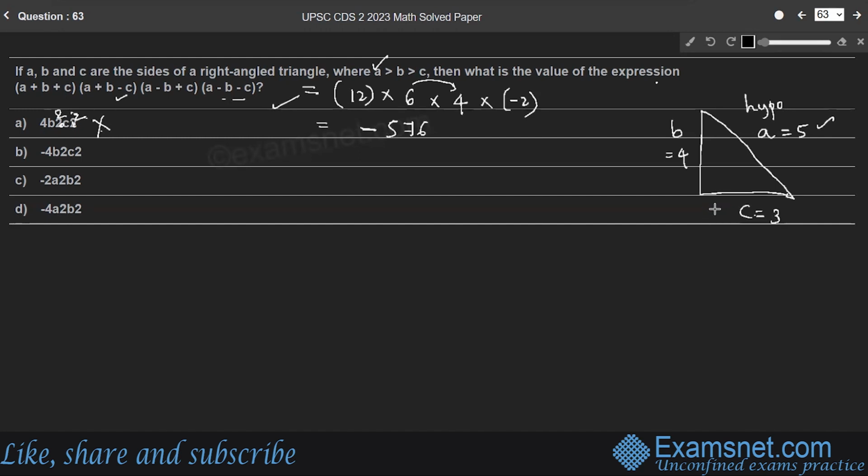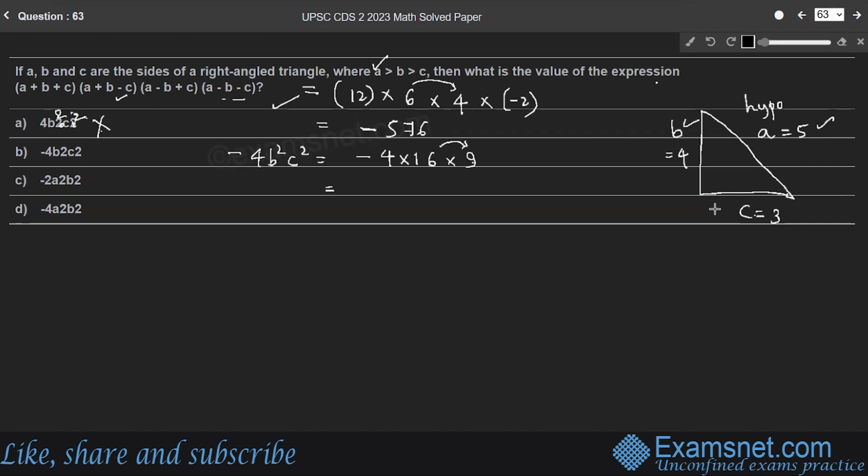Consider option B, which is minus 4b square c square. So we'll substitute the values. Minus 4 into b square, which is 4 square, 16, into c square, which is 3 square, 9.